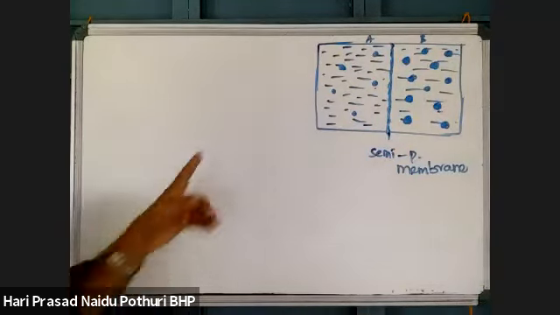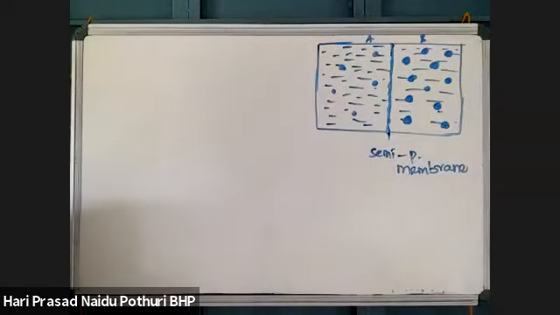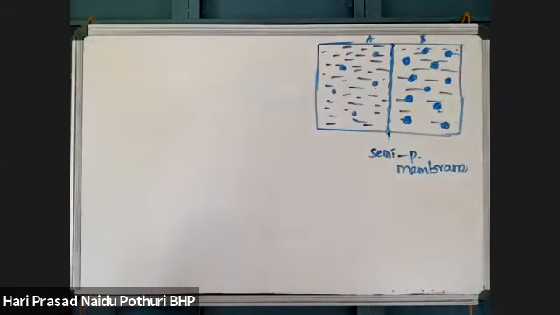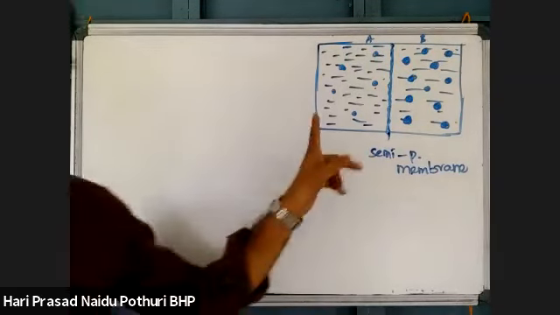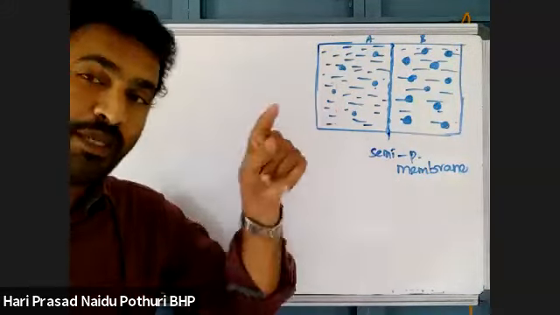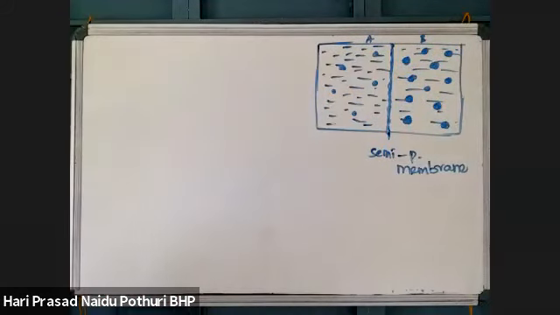Like that, when solutions with different osmotic potentials are separated by a semi-permeable membrane, water or solvent moves from a region of high concentration to low concentration across the semi-permeable membrane by means of diffusion pressure or free energy. With the help of diffusion pressure, there is movement from high free energy to low free energy area. This is what we call osmosis.